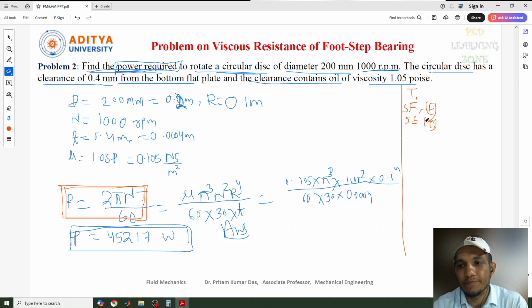There the area is required, so area can also be calculated. So these are the steps: area, then shear stress, then shear force, then we calculate the torque required, then we go for the power.